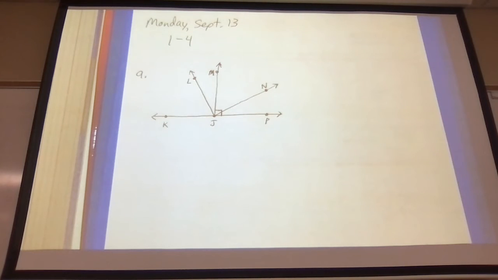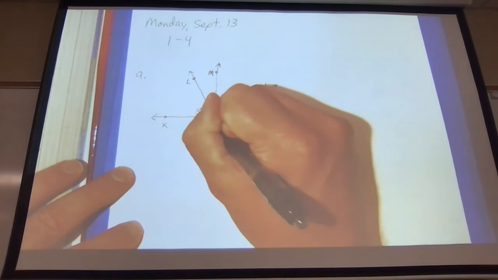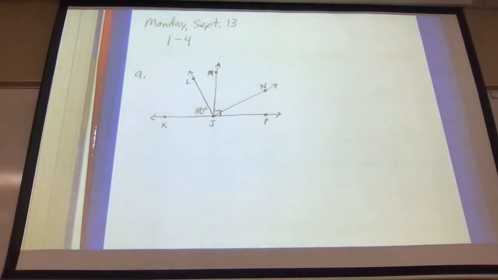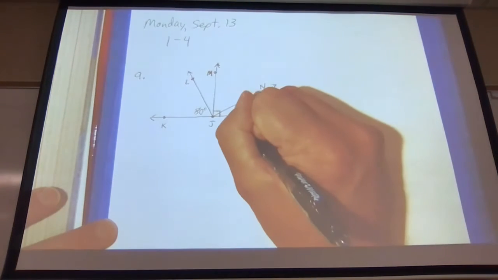Then there's 2 other things we're going to add to the picture. They're going to tell us that angle LJK is 80 degrees. And over on the other side, angle NJP is going to be 20 degrees.